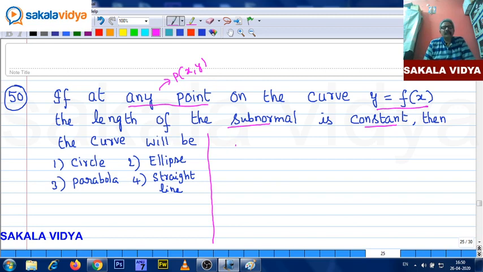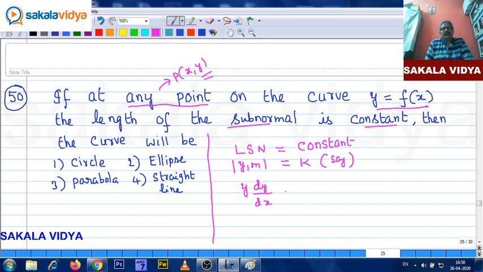So, the length of the subnormal formula is what? Mod of y1 into m equal to say k. y1 is equal to y, m is equal to dy by dx, equal to k, which is constant.